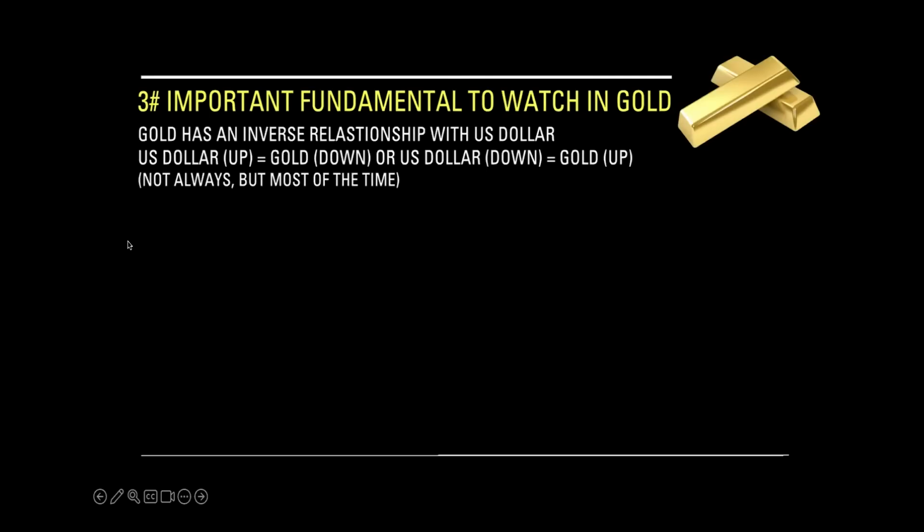Okay, if you have never seen the US dollar index, then you should start following it, because gold has an inverse relationship with the US dollar. What I mean by inverse relationship is that most of the time, if you look at the chart of the US dollar index and it is in an uptrend, then you will see that gold is going down.